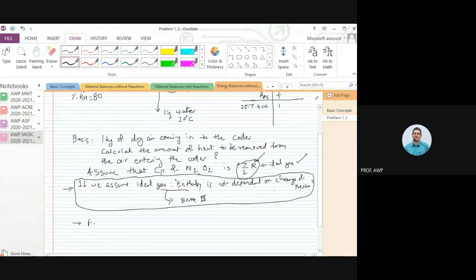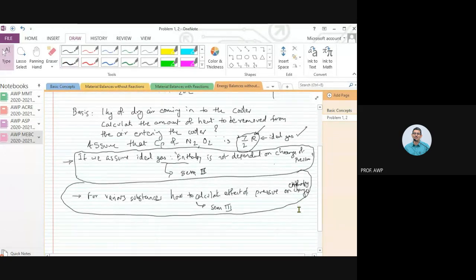So for various substances, how do we actually calculate what would be the enthalpy change because of change in pressure? This again we are going to do in semester 3. Okay, now that is the second statement.